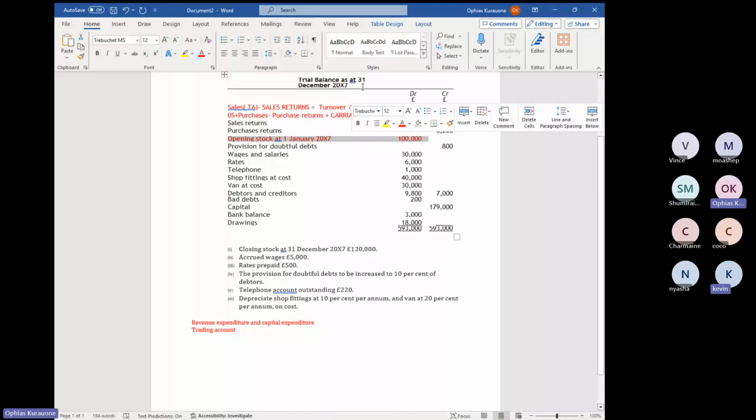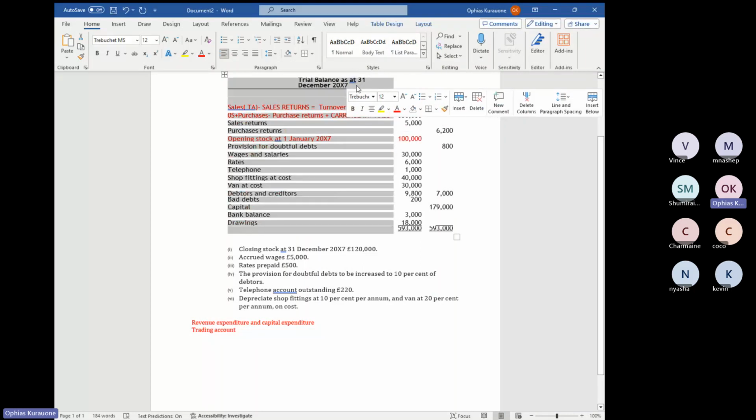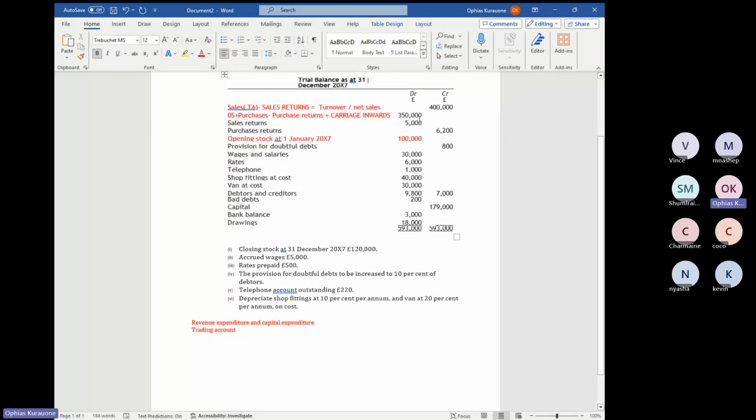Because our year ends 31 December 2007, automatically it means at the beginning of the year is 1 January, then the year ends 31 December. So at the beginning, this opening stock, take this figure 10,000 plus purchases 350, then you add carriage inwards if it is there. If it is not there, there's no problem.